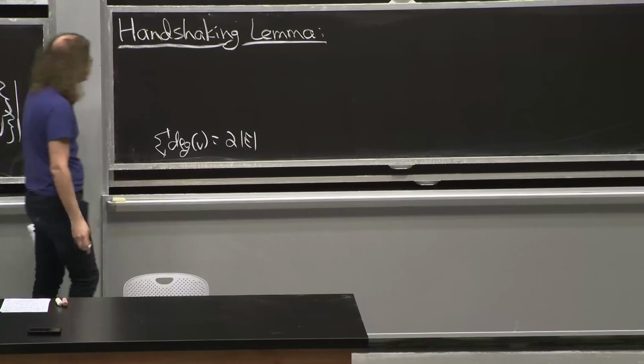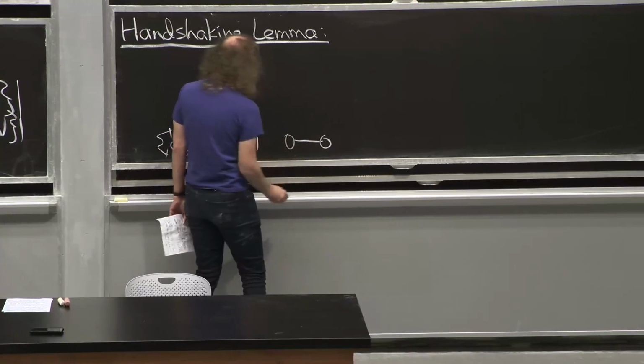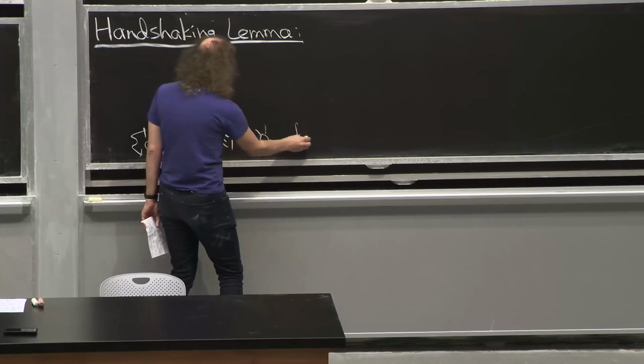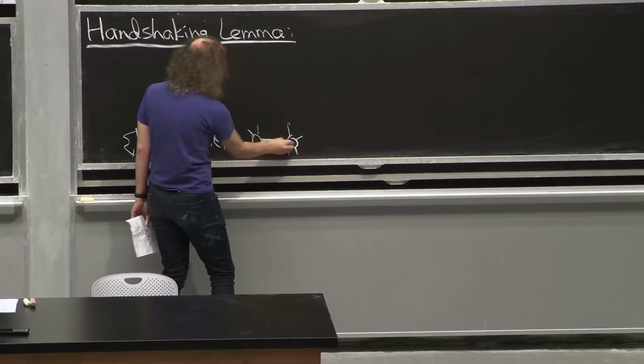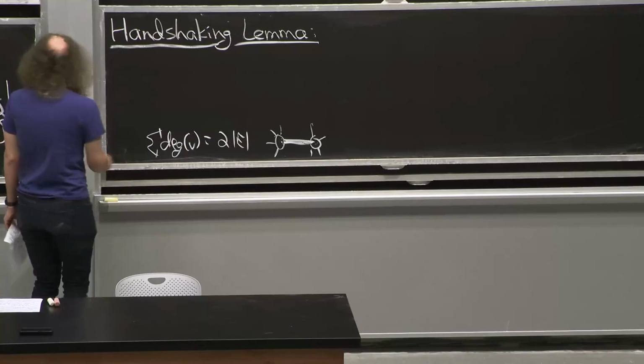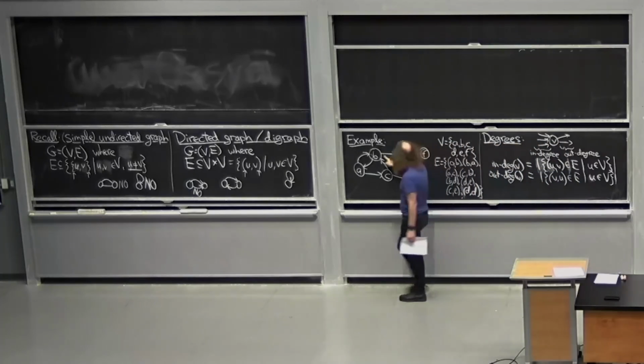So in this world, this was in some sense because every edge was getting counted twice, right? If you sum the degrees of this vertex and of this vertex, you count this edge once from this side and once from this side. Now we have distinguished, in some sense, each end of each edge. There's the in edge and the out edge.